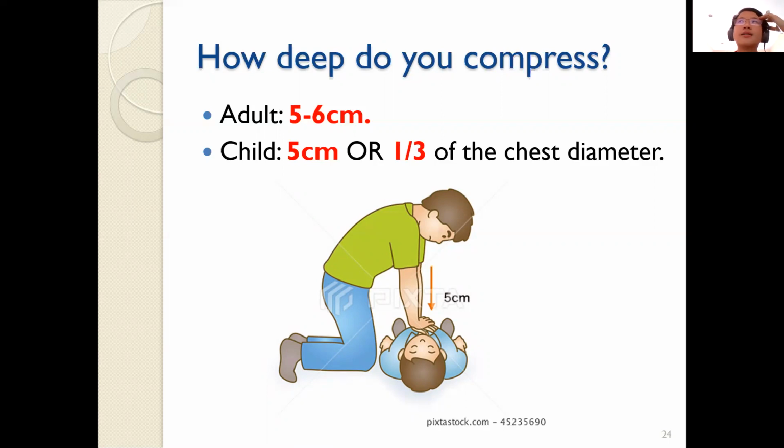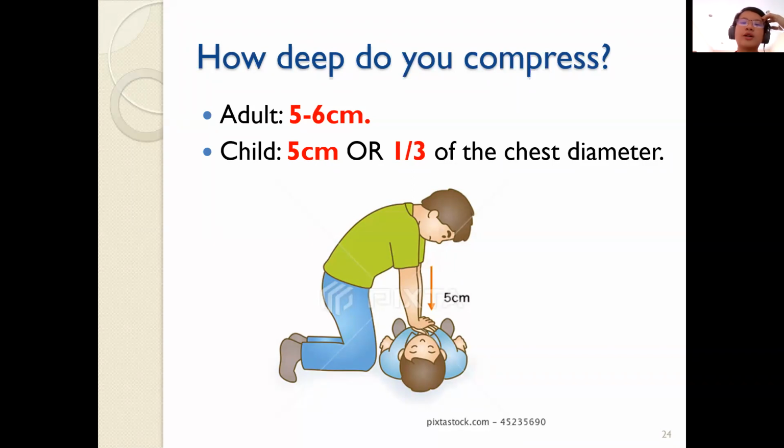Say you do 120 beats per minute, that is 2 beats per second, correct? So doing 150 compressions will take you about 75 seconds. And the other seconds are used for rescue breaths, for example. And of course, it's not possible that you compress at a very steady, consistent rate of 120.